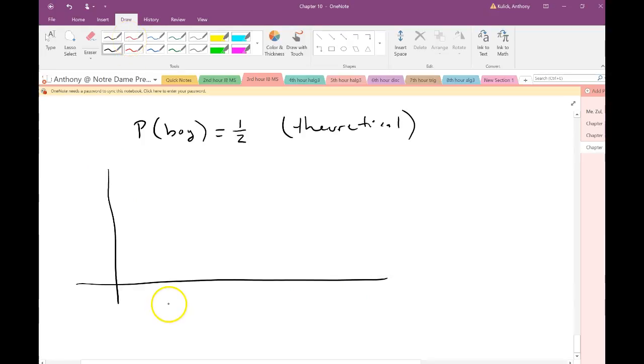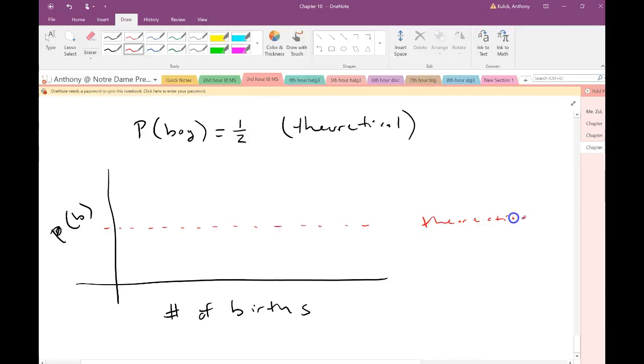What we should say, though, is that if I took a graph where the x-axis is number of births and the y-axis is the probability of a boy, and this is the theoretical, as the number of births increases, it should be approaching the theoretical.